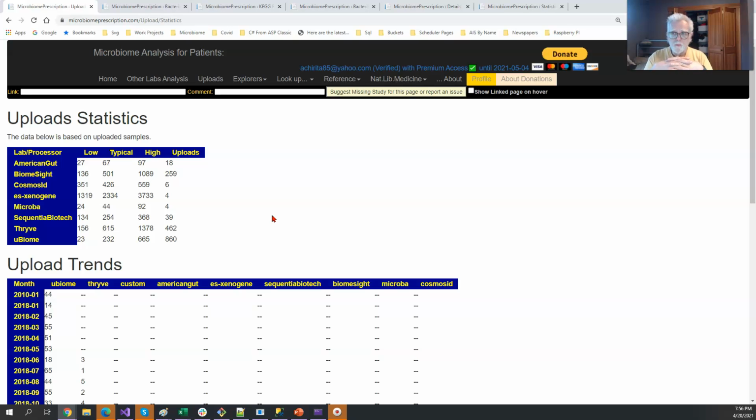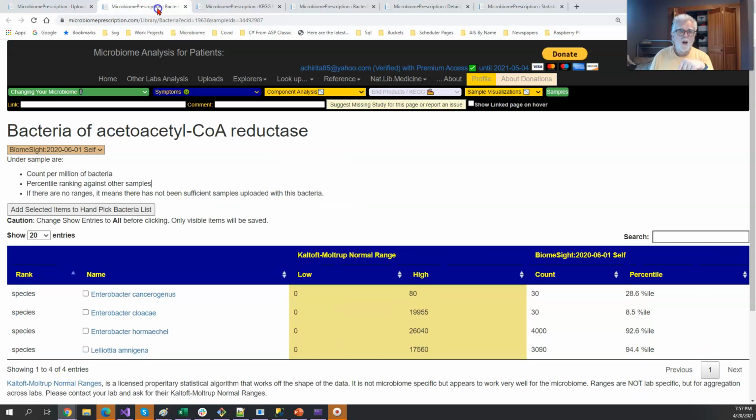However, if you are in the top 2%, then in terms of Biome Site you may be in the top 10%, or more precisely, if you go back to their Biome Site values, you see a 92 or 95 percentile.